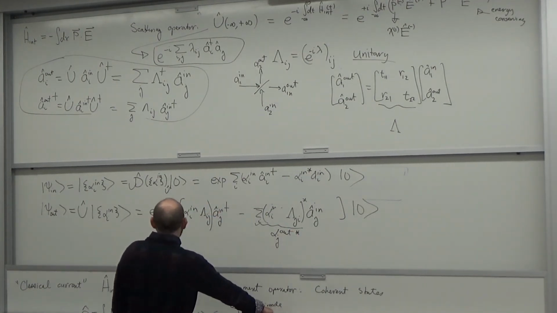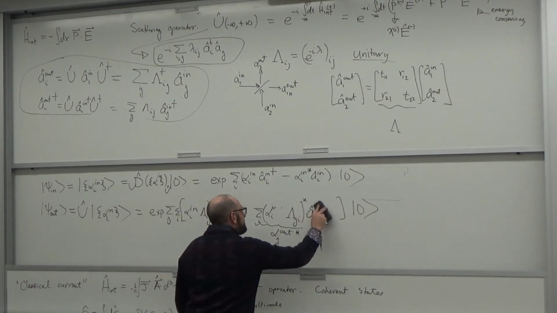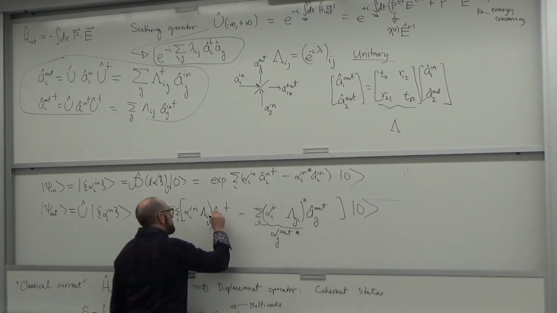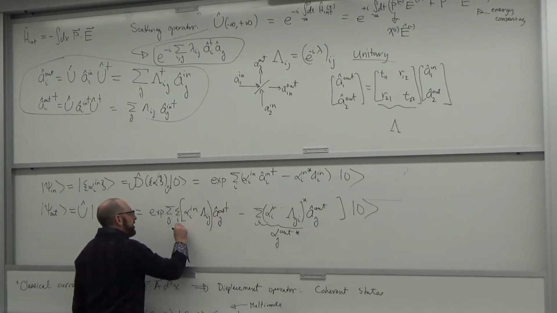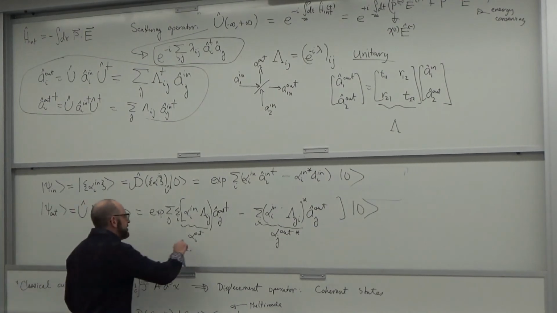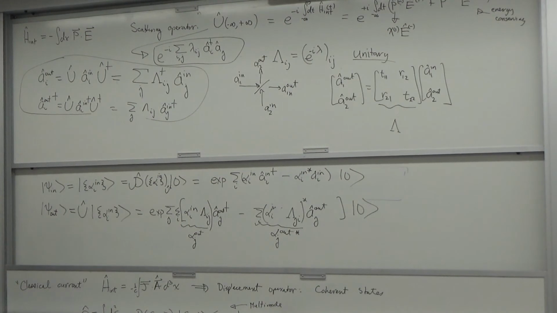Did I somehow get it? This should have been an out, huh? Not an in. These are outs. And similarly, summing over i, this is alpha_i out. Or j. Summed over i, this is j.